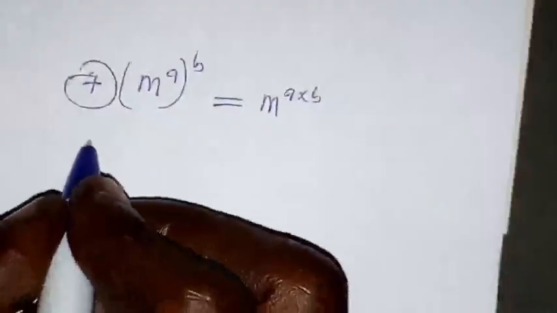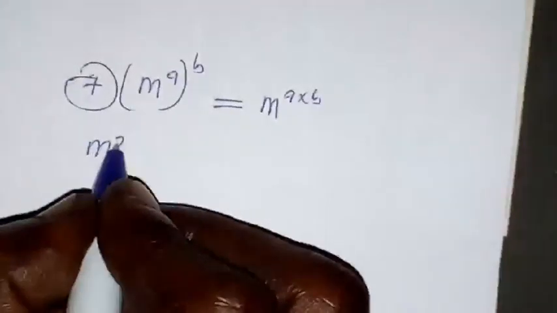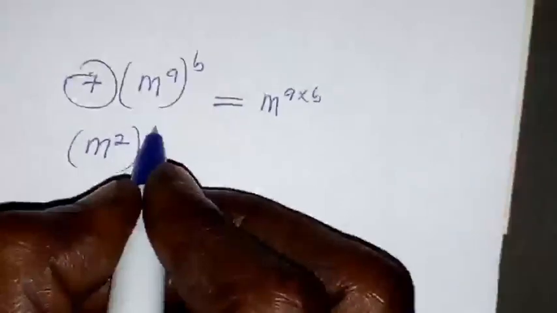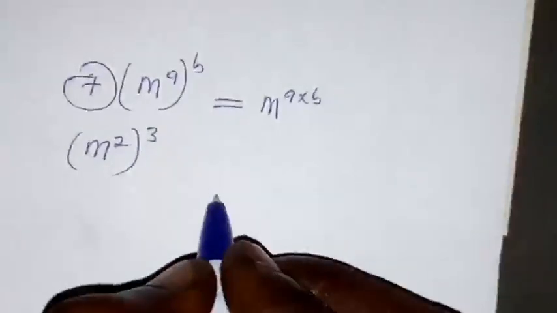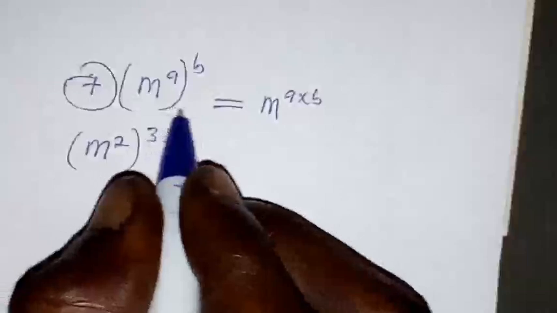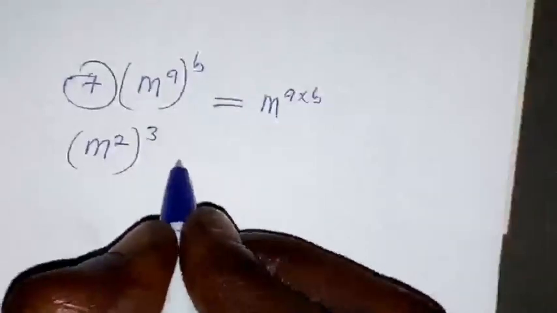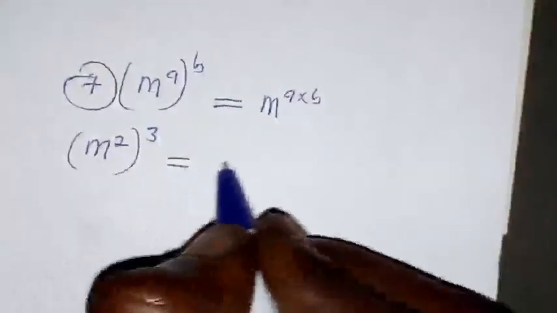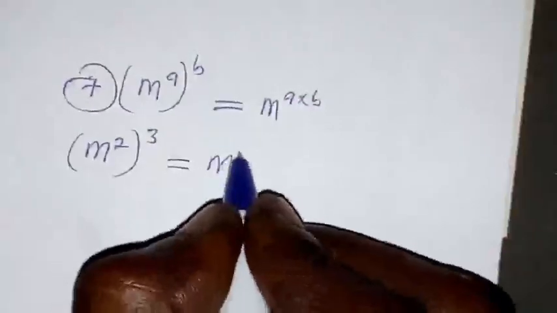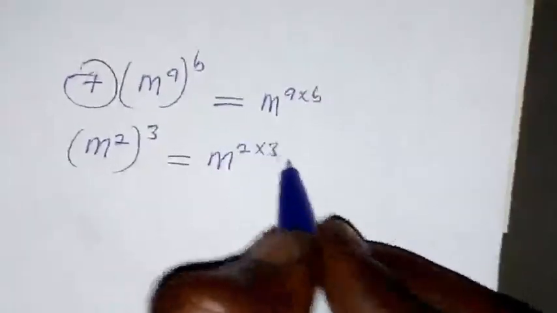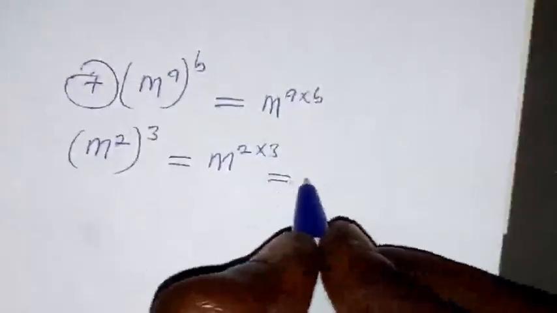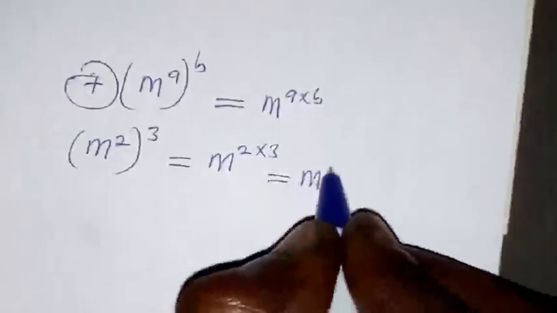If I have m power of 2 in bracket power of 3, I can apply this product rule to say we have m power of 2 times 3, which is equal to m power of 6.